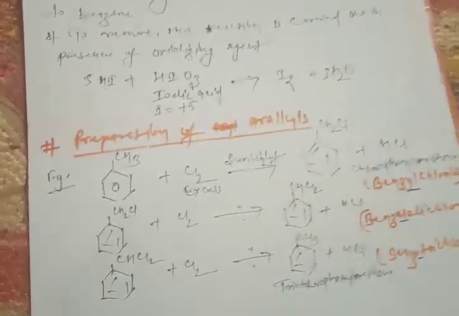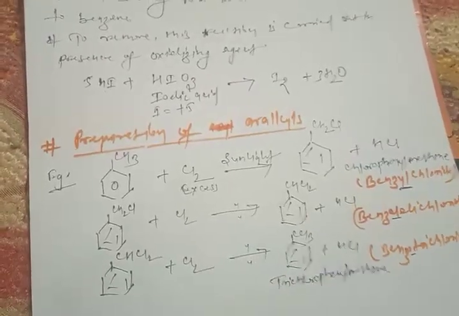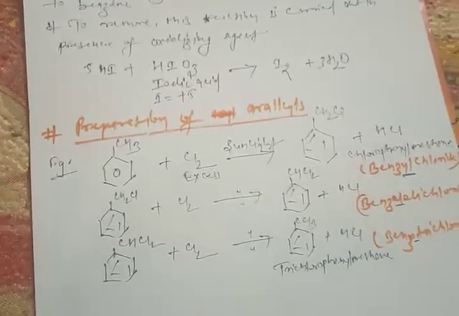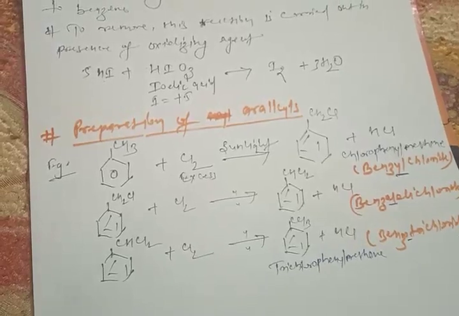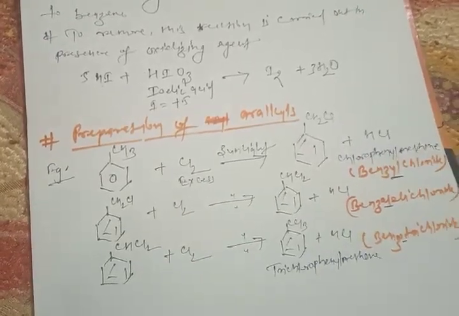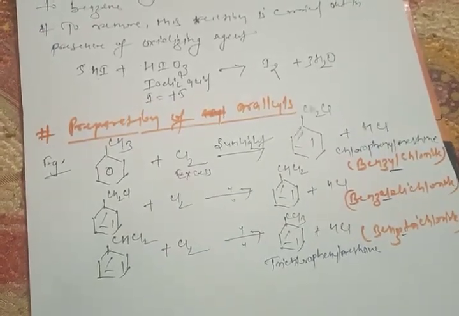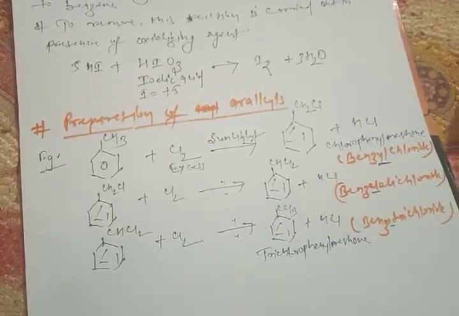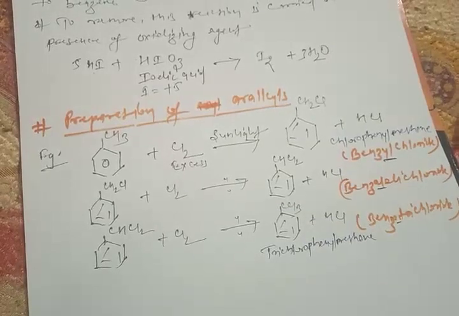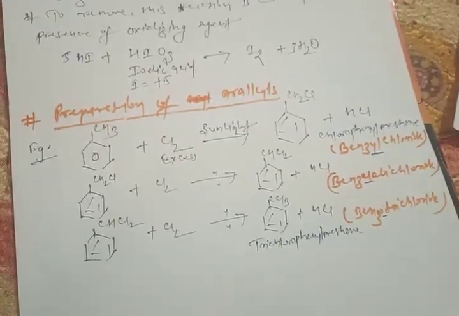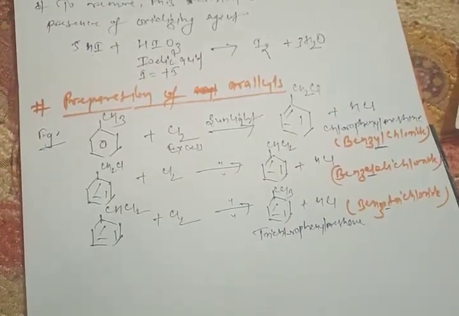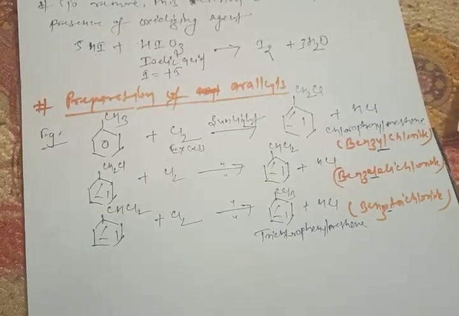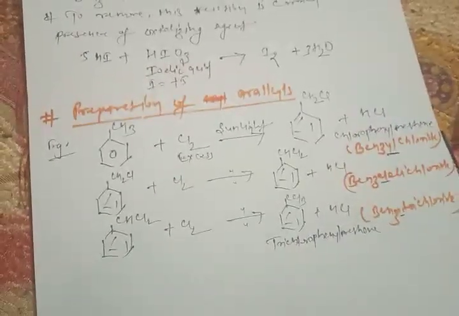Here we have discussed only one method for preparation, and that is the electrophilic substitution reactions of arenes or direct halogenation. We'll take a question, and you can go through it and work out the solution.